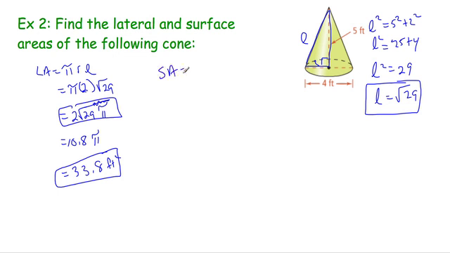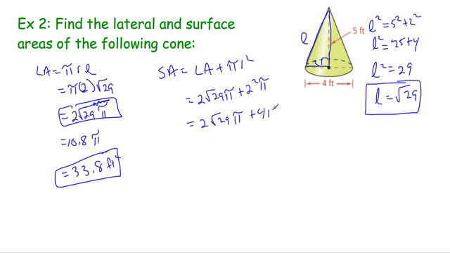So let's find the surface area. So we know the surface area is lateral area plus pi r squared. So we have 2 radical 29 pi plus r squared, which is 2 squared. So now we have 2 radical 29 pi plus 4 pi.